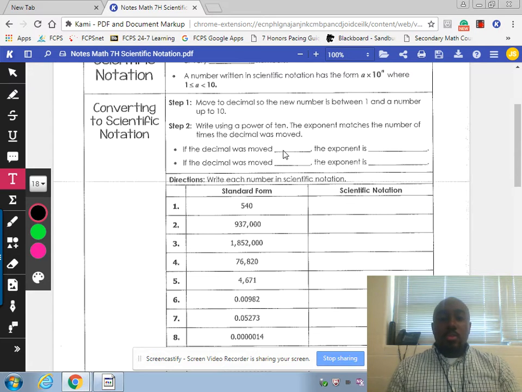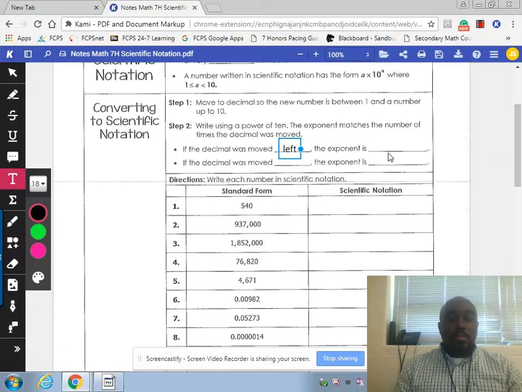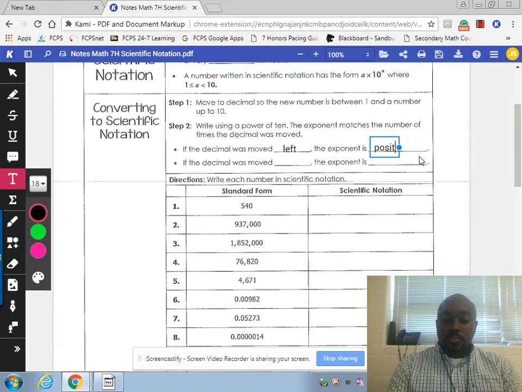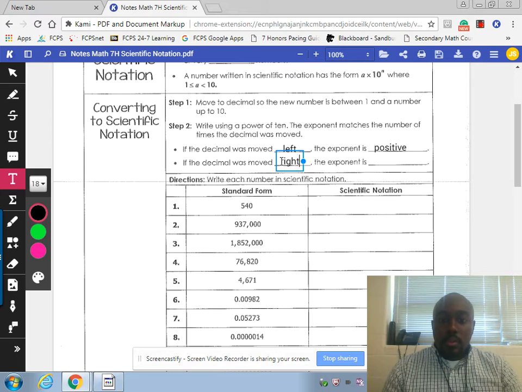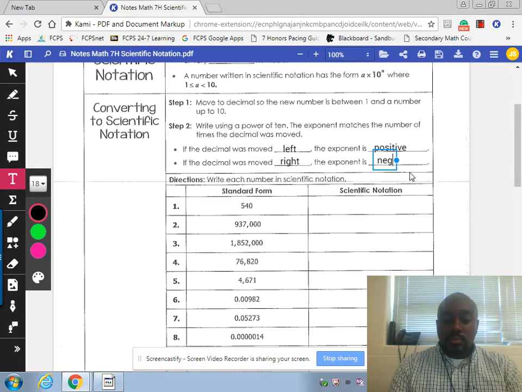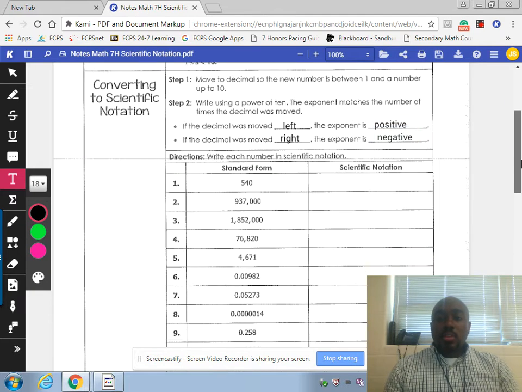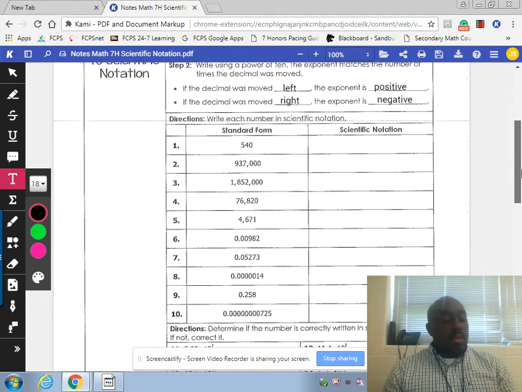If the decimal was moved left, the exponent is positive. And if the decimal was moved right, the exponent is negative. We're going to do a few examples down at the bottom, and then you're going to practice this on your own.